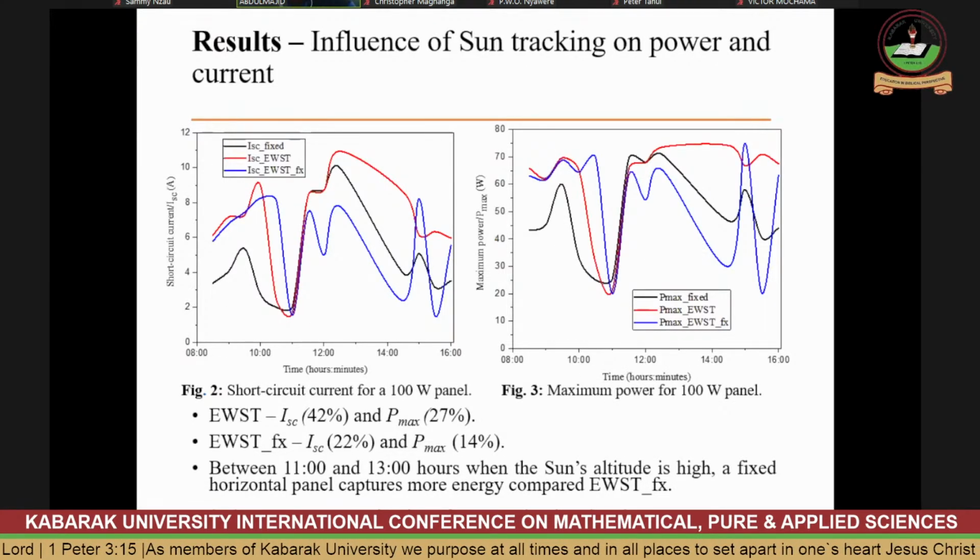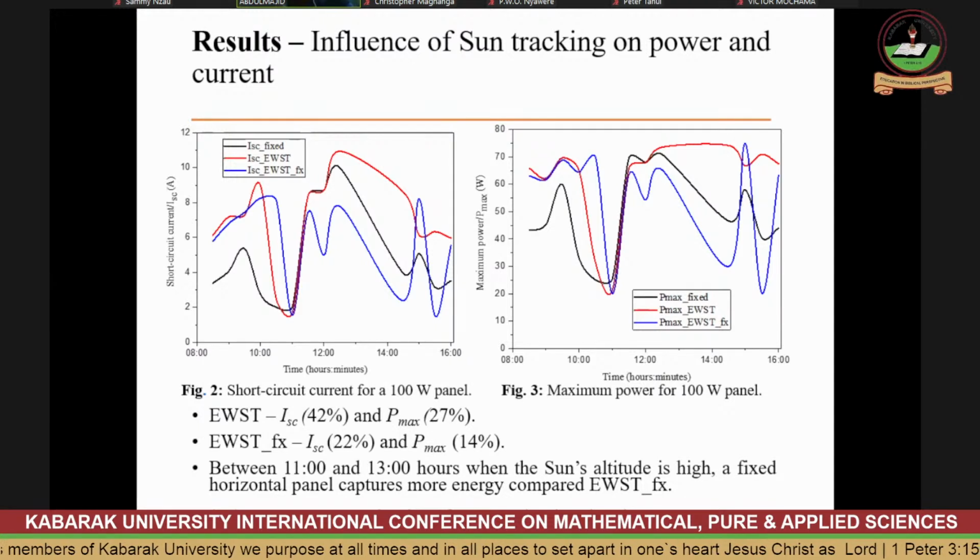Coming to the experimental part, here we have the result showing the short circuit current and maximum power for the fixed panel, the east-to-west solar tracked panel, and the fixed angle east-to-west solar tracked panel.